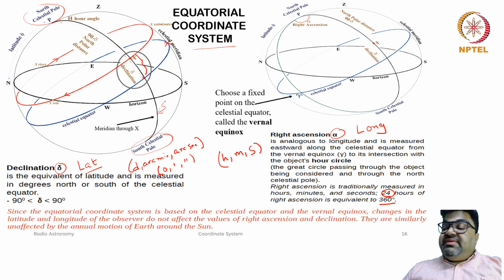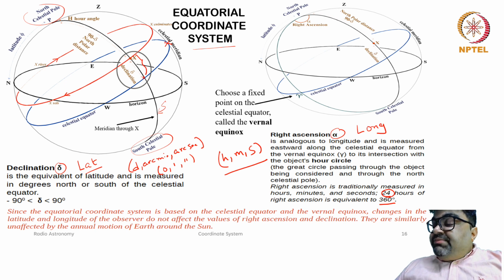Okay, also defined in terms of hours, minutes and seconds, like the RA. Now, if this is hour angle and declination, declination is universal, that is fine, because it depends on the meridian which is passing through the source.